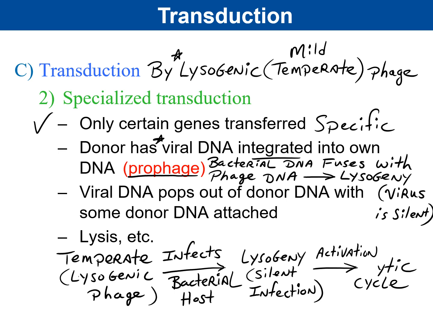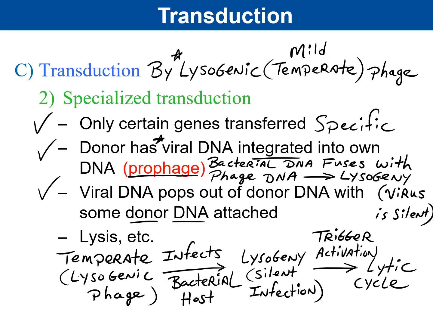The lytic cycle is where the virus becomes active and the cell will burst open. And this lytic cycle will take with it phages that only transfer specific genes. So the way that this happens is that the viral DNA, when it pops out of the donor DNA during the activation or the triggering event, is that the neighboring donor DNA is next to the viral DNA.